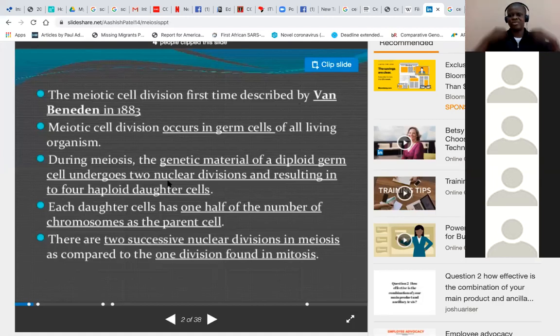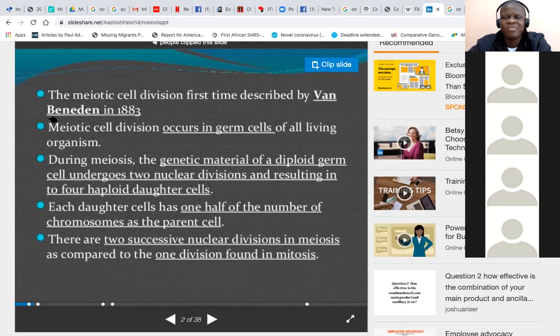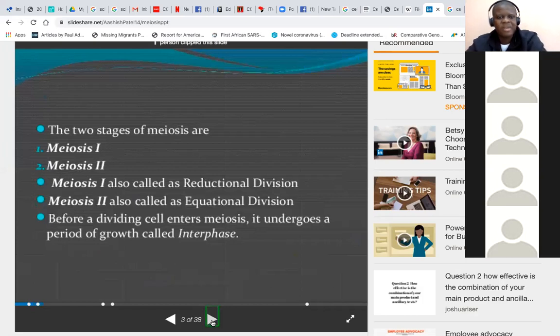What happens in meiosis is that four daughter cells are produced at the end of two successive nuclear divisions, and the daughter cells have half the number of chromosomes that the parent cell has.